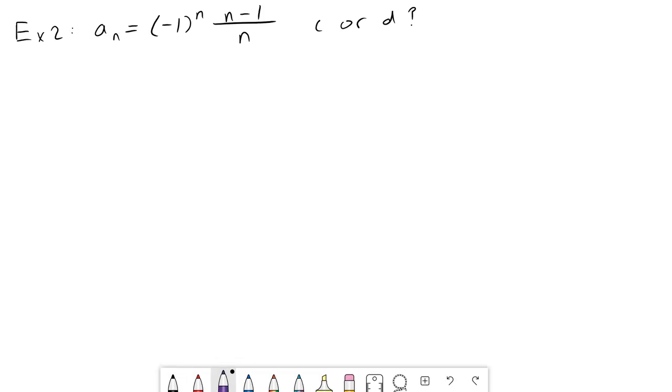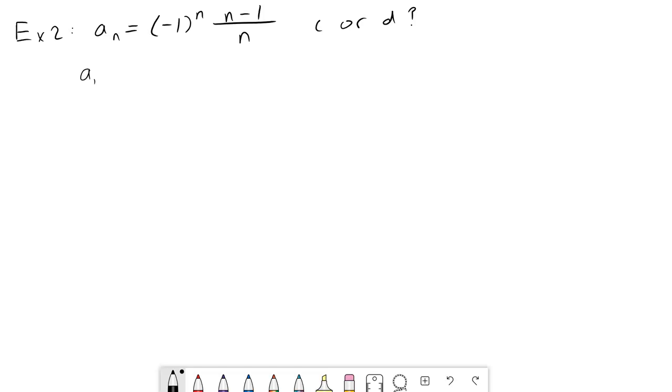So this one's a more involved problem because it's kind of confusing. We have a flip-floppy term and then we have an actual function. Let's list the terms really quickly, maybe 5 or so.